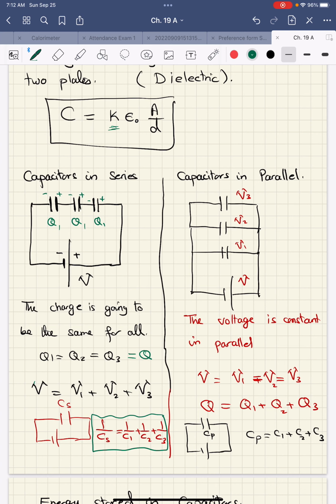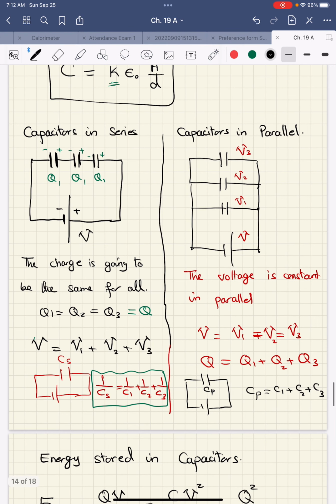On the other hand, there are occasions where I want to connect capacitors in parallel, and this is when they are like this. And here the voltage is going to be constant, and all of them are going to have the same voltage. If I have, let's say here, 12 volts, every capacitor is going to have a potential which is 12. Now the total charge is going to be Q1 plus Q2 plus Q3.